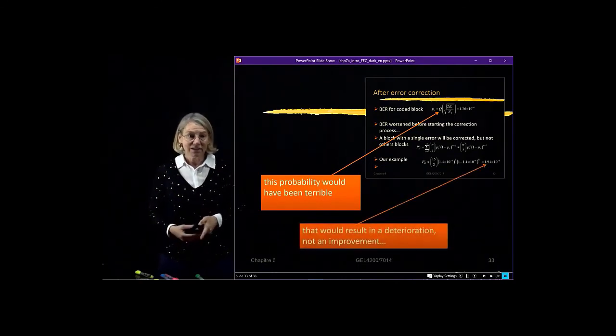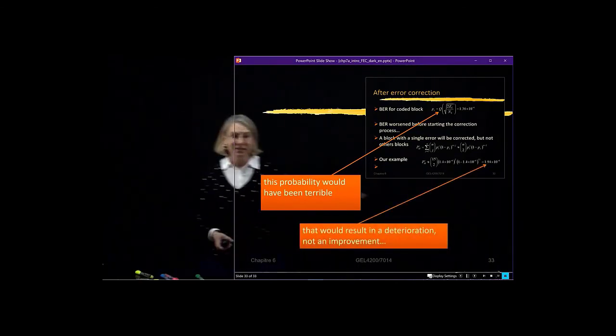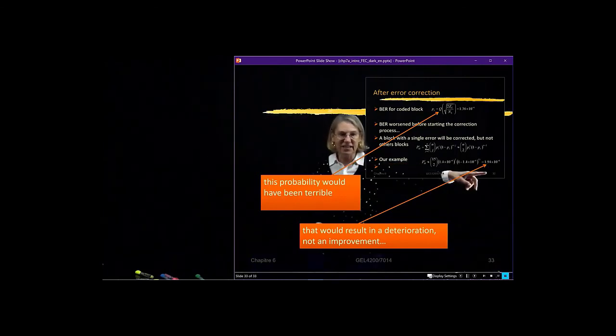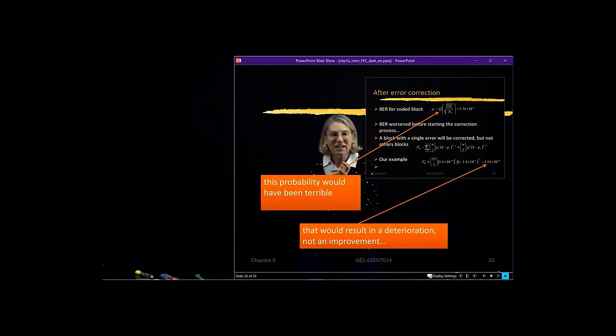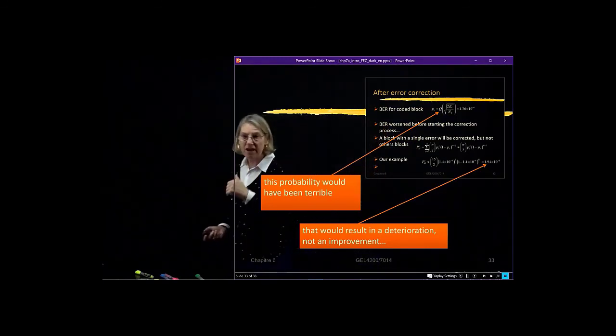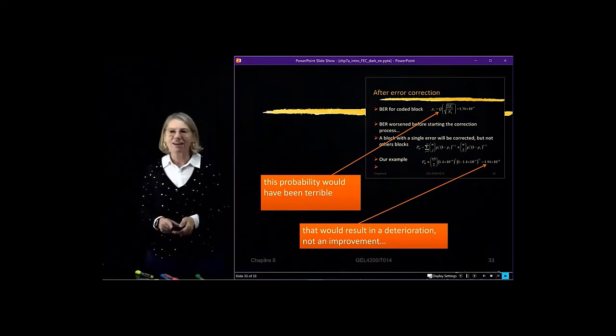And then when I take the hit on the coded error, it would really, really be bad, and I wouldn't get an improvement. So it just means that the channel has to be pretty good, so that when that first step, the BER worsening, happens, if it gets too much worse, well then things fall apart. And that's why we have a FEC threshold.